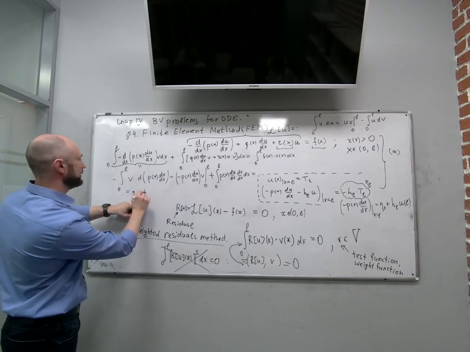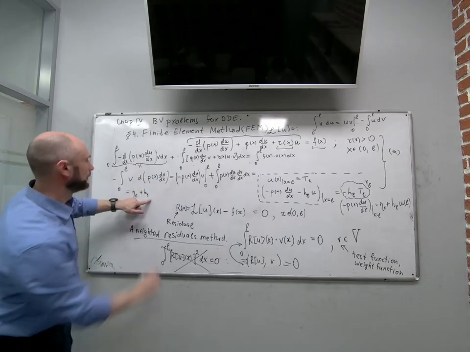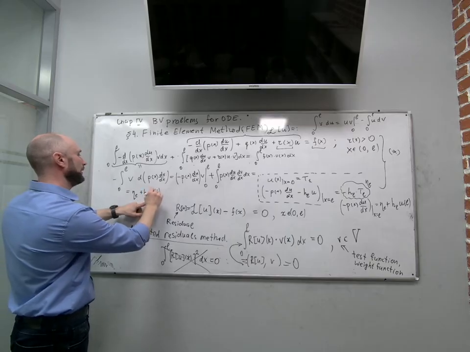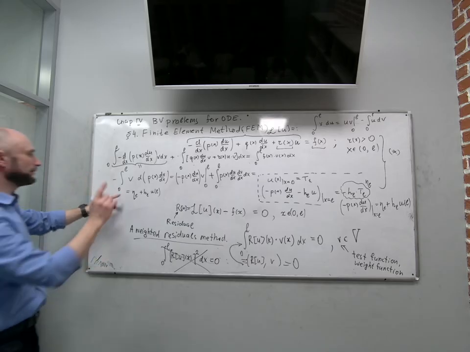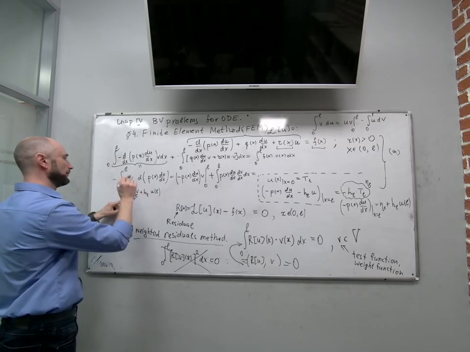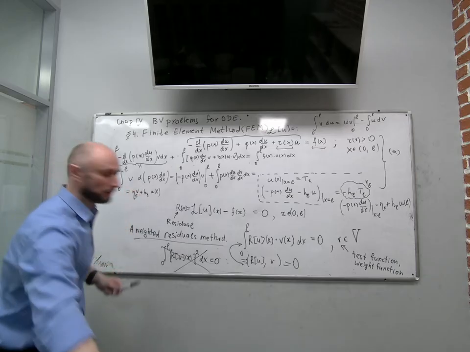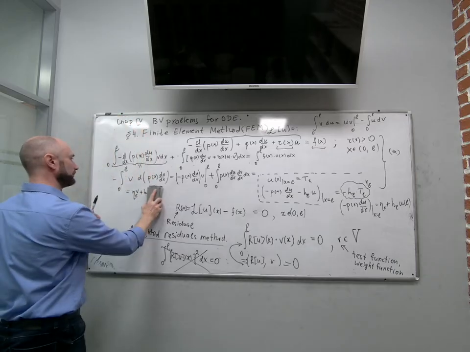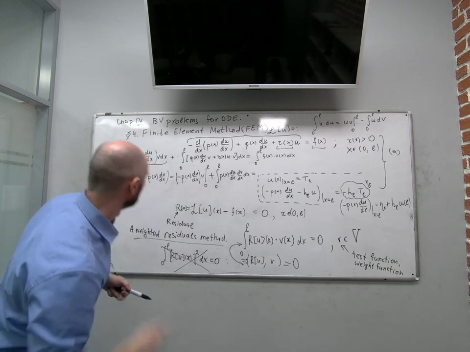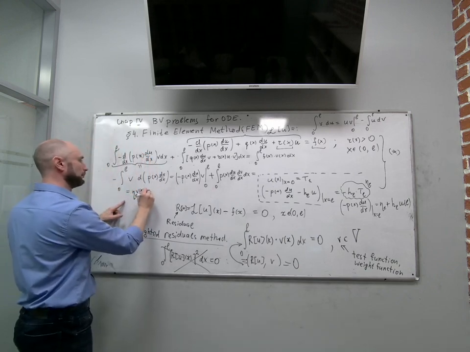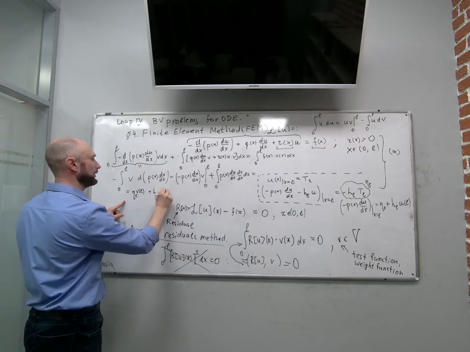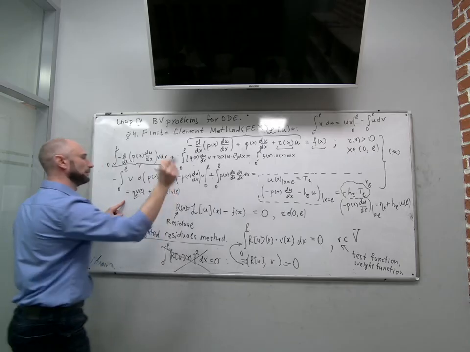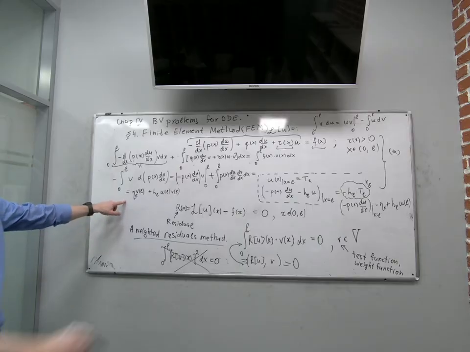Plus HL u of L. And V also, V at point L. Plus HL u of L V of L. That's it, right? Minus.